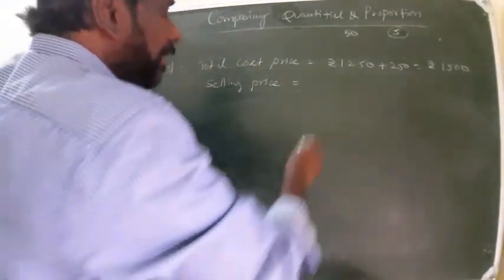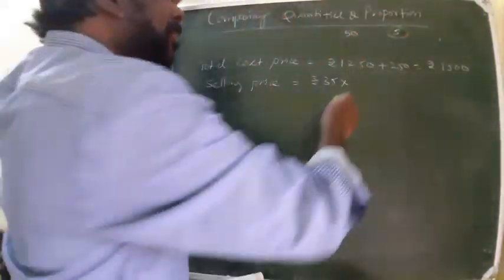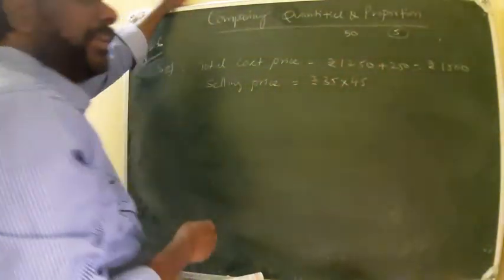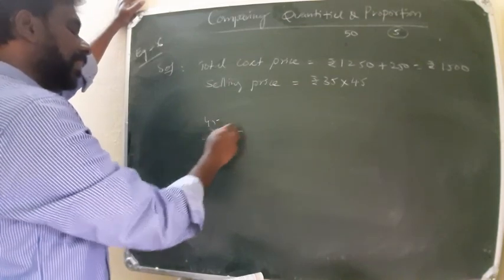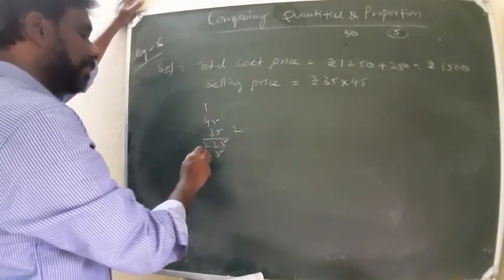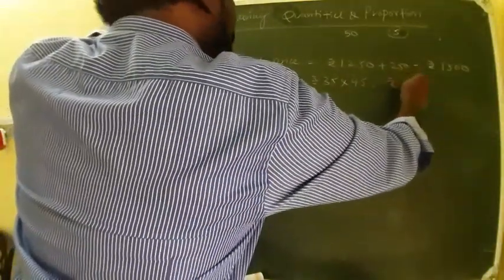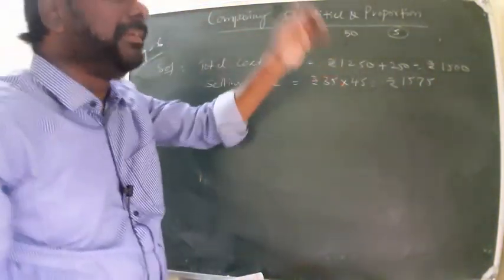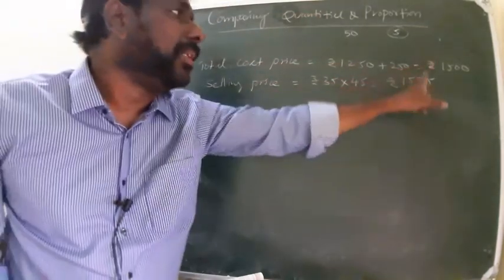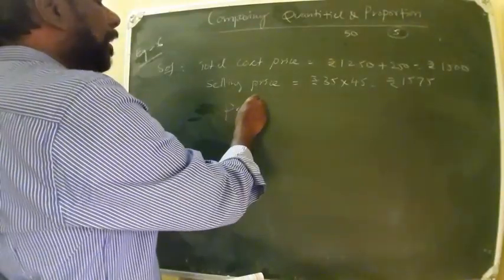Each dozen he sells for rupees 35. 45 into 35, 1,575. So selling price you are getting 1,575. Which is more, selling price or cost price? Selling price is more. So here he got a profit.